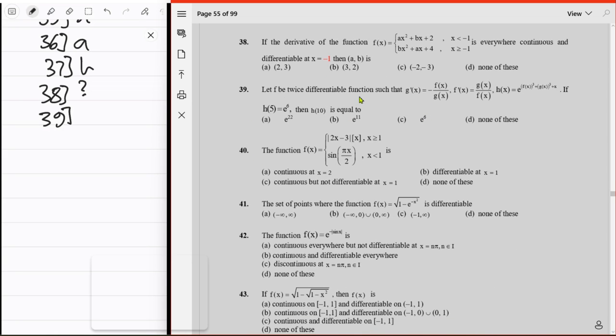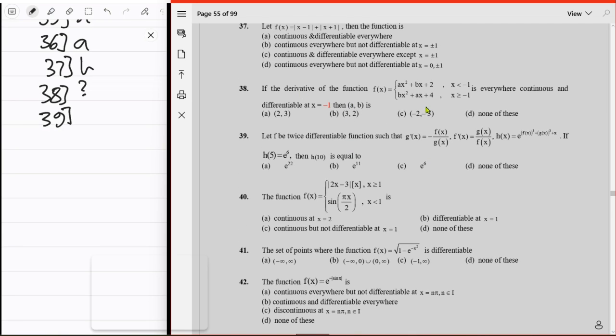Next, let f be a twice differentiable function. Oh, this was in fact a twice differentiable function. But then how could you have this guy's second derivative? The limits should be the same at x equal to -1, but then the second derivative will just be 2a and 2b, and those must be the same, which means a equal to b.